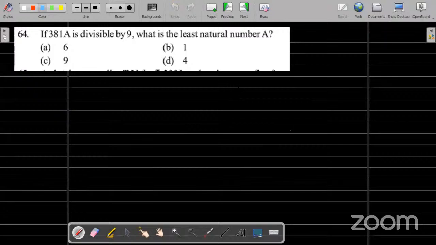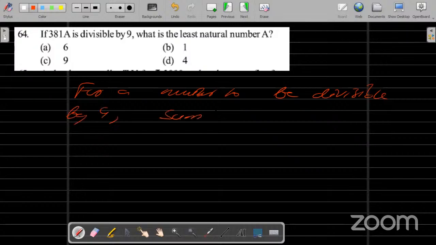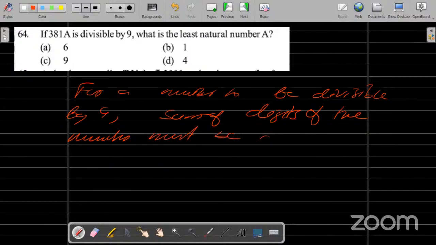Next one. If 381A is divisible by 9. For a number to be divisible by 9, the sum of digits of the number should be divisible by 9.